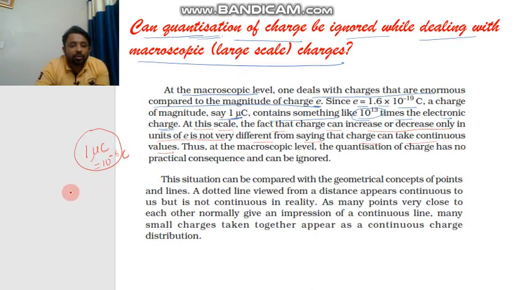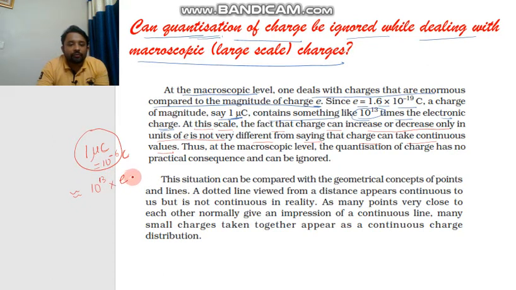Now it can also be written as 10 power 13 times the basic unit of charge e. So if an object has a charge of 1 microcoulomb, then approximately it has 10 raised to power 13 electrons. Now that is a very huge number.